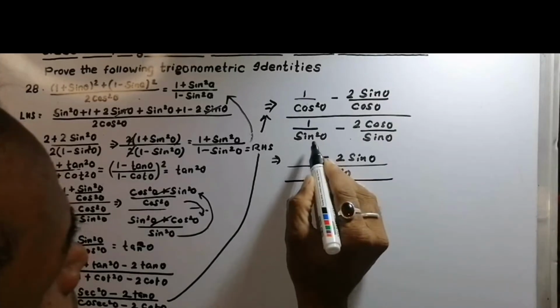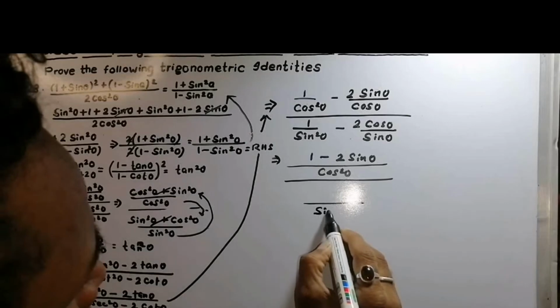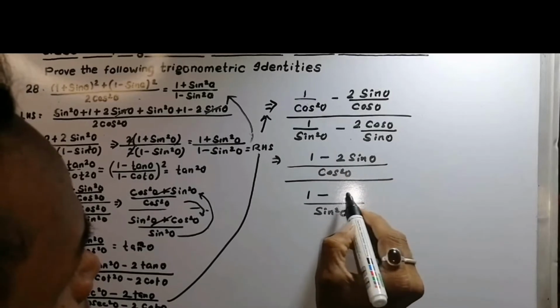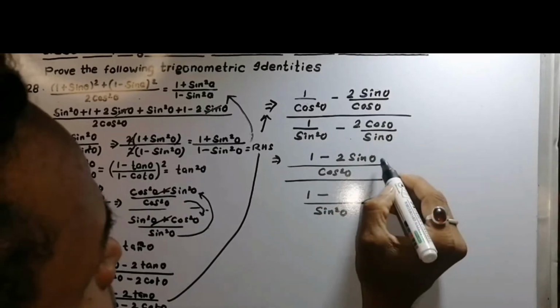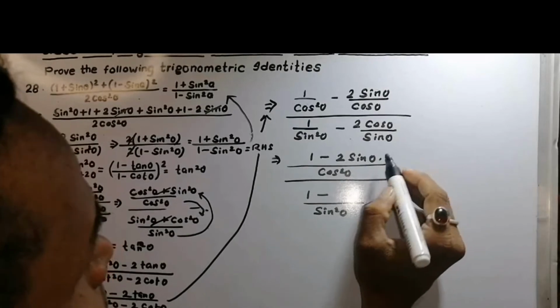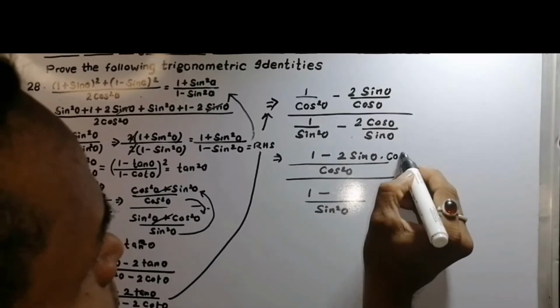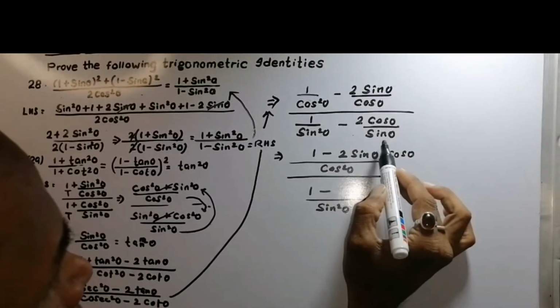And if we take LCM of sin square theta and sin theta, we get sin square theta, and we get here 1 minus 2 sin theta into cos theta.